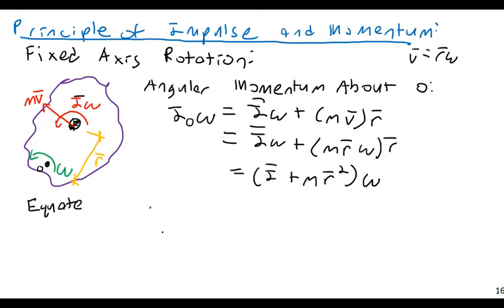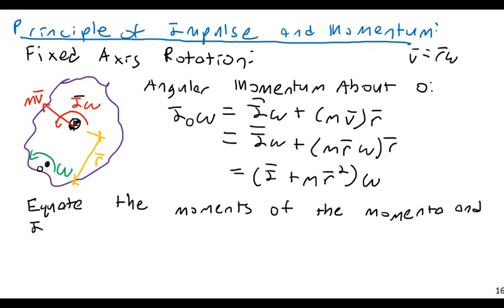But anyway, if I equate the moments of the momenta and impulses about O, so set up my momentum impulse equation, the moments of the momenta and impulses about O, I could have the following.